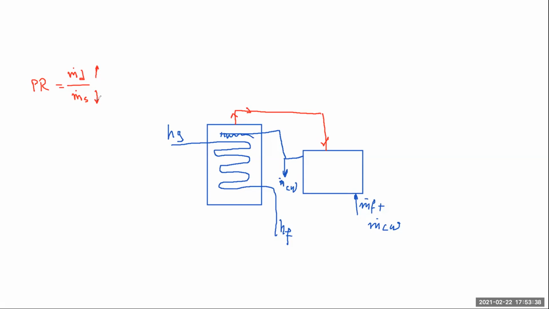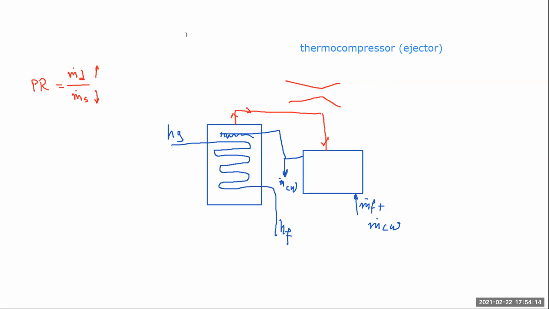So we are going to use a component here. The component is nothing but what we call a thermo compressor, or ejector. In the ejector, we are going to make use of steam coming from the power plant.